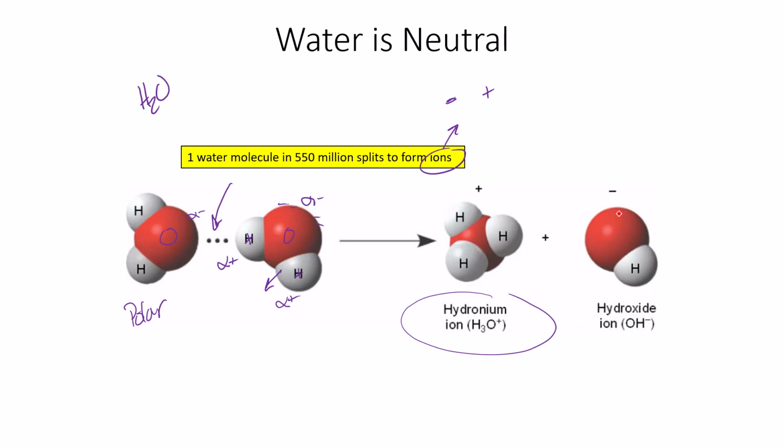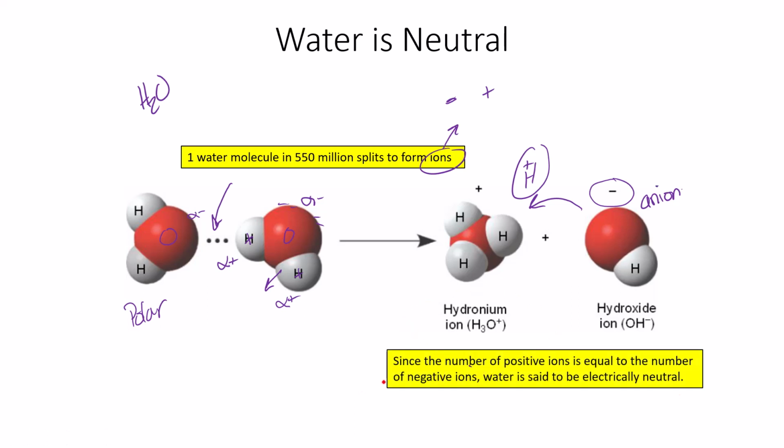The fact that this water molecule lost one of its hydrogens, and thus lost the proton that the hydrogen carries with it, means that it is left with a negative charge. This would be the anion because it's negatively charged, and this one received the proton and the extra hydrogen, and so this one would become the cation. It's a positively charged ion. The hydroxide is a negatively charged ion.